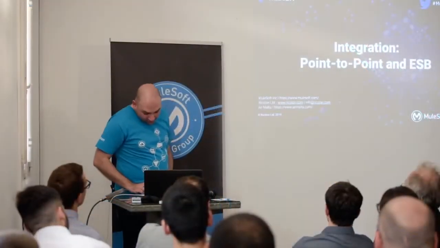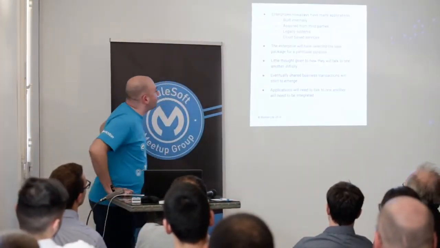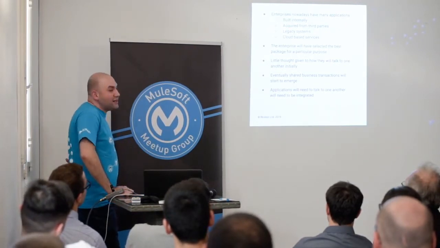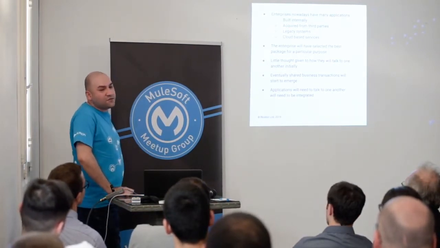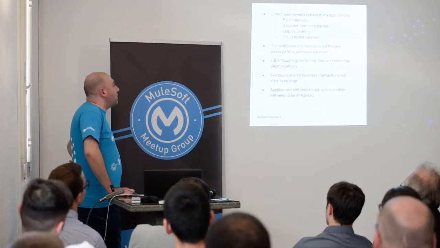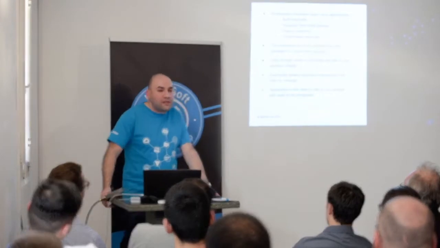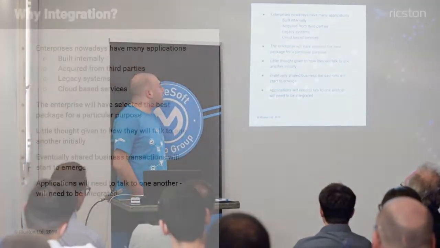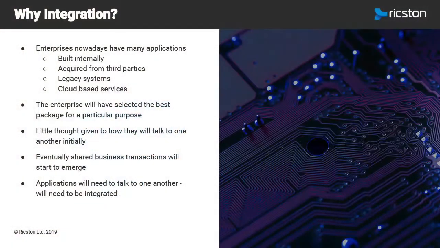But anyway, okay. So what I'm going to do is start by talking a little bit about integration. Many enterprises have a number of systems nowadays. They will have built some internally, some will be cloud-based systems, some will be legacy systems, and others they will have acquired from third parties.